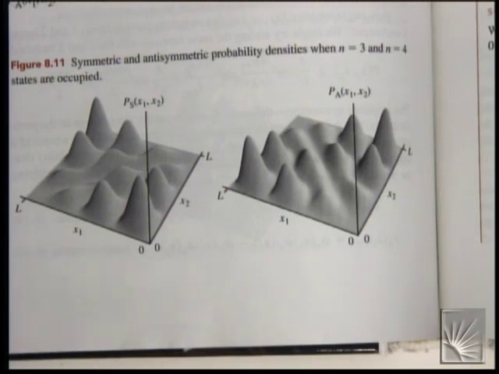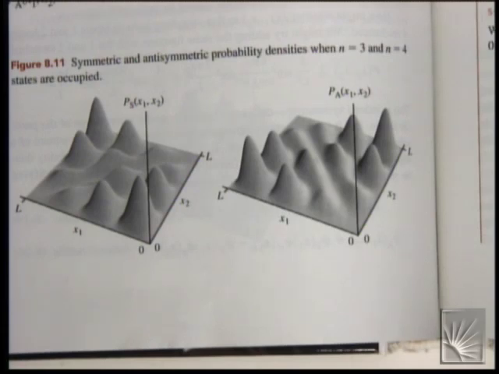This bizarre assertion that I need to distinguish them gave me two possible ways that I can mathematically scramble them. And the two mathematical ways that I can scramble them amount to two tendencies. One is a tendency for the particles to occupy the same spatial state. Remember, this is drawn as a two-dimensional thing, almost like xy, but it's not.